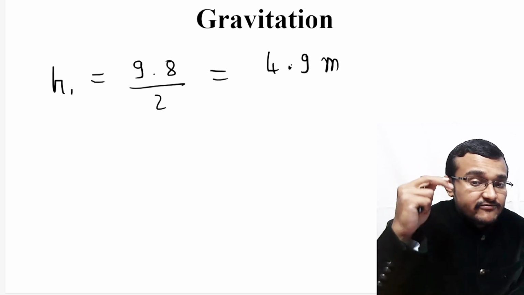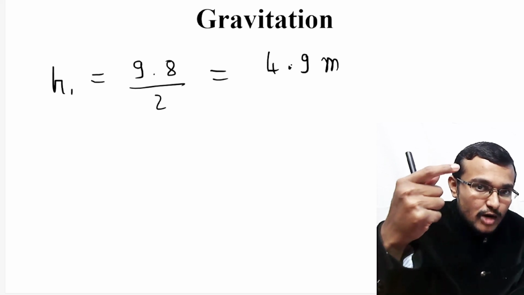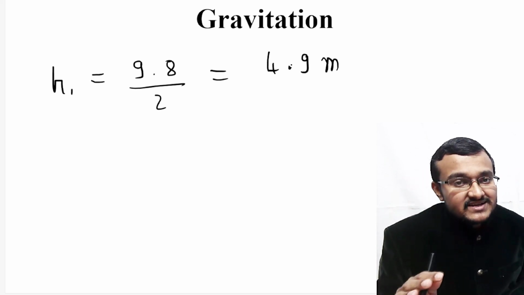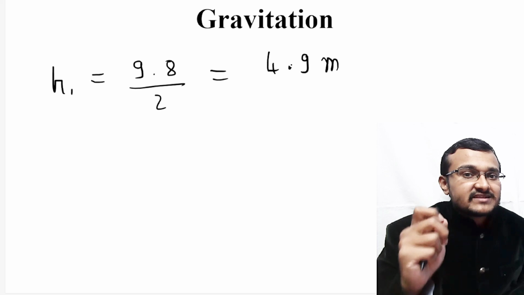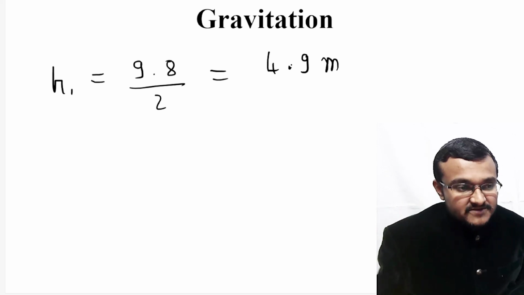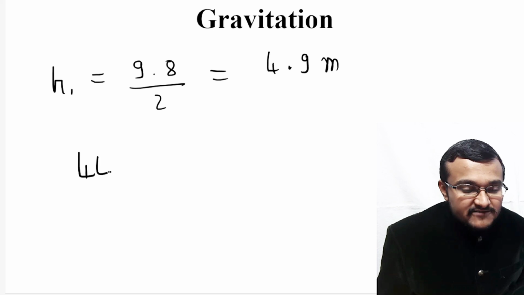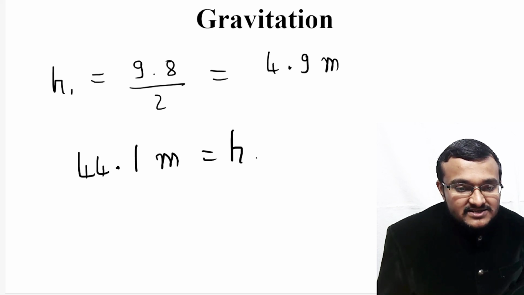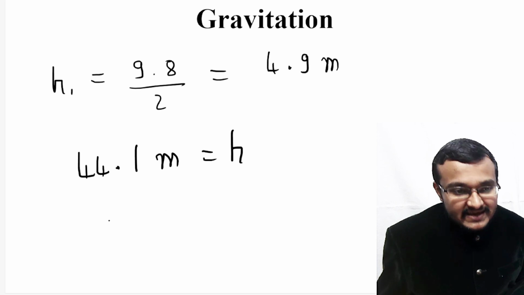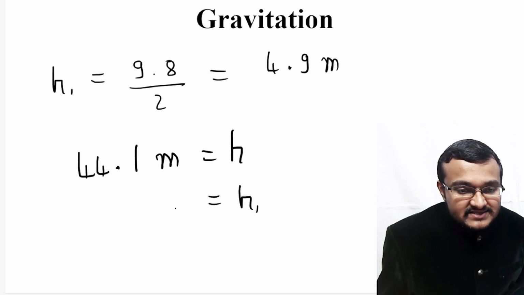So 4.9 meter from the top, that is the position where this particular stone has reached. What is the total height? The total height is 44.1 meter. So 44.1 meter is the total height h, and h1 is equal to 4.9 meter.